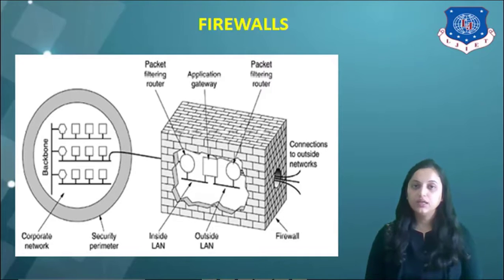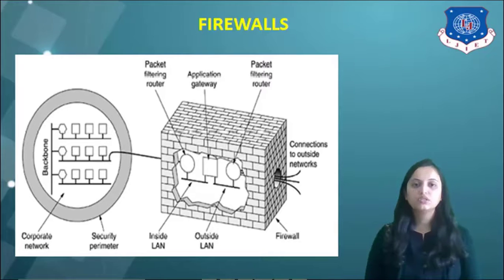Each packet filter is a standard router equipped with some extra functionality. The extra functionality allows every incoming or outgoing packet to be inspected. Packets meeting some criteria are forwarded normally. Those that fail the test are dropped.